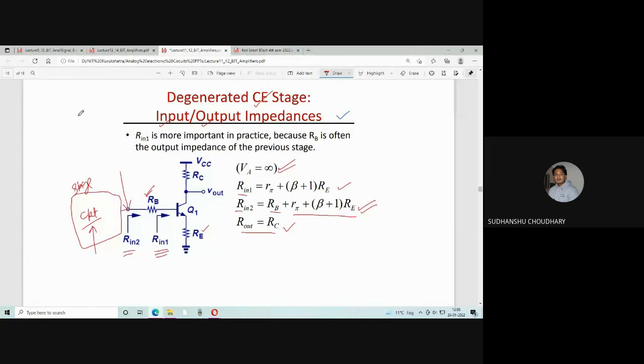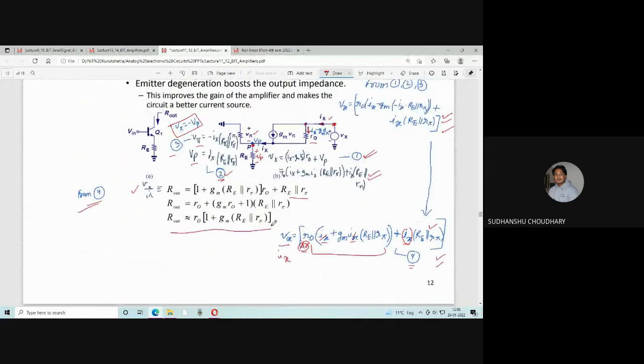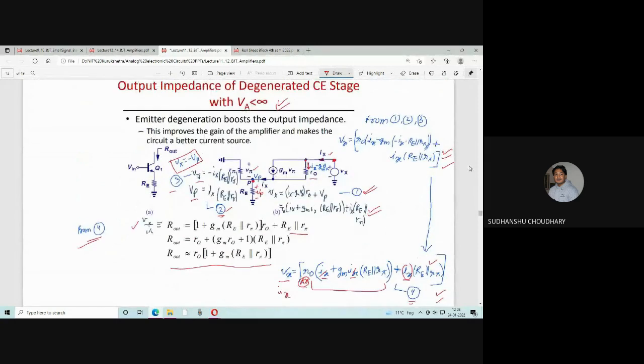Now the output impedance is how much? Maybe I can ignore RC also. No, RC we can't ignore. So now the output impedance is this much without RC. If I consider the effect of RC also, then RC will also come in parallel over here.